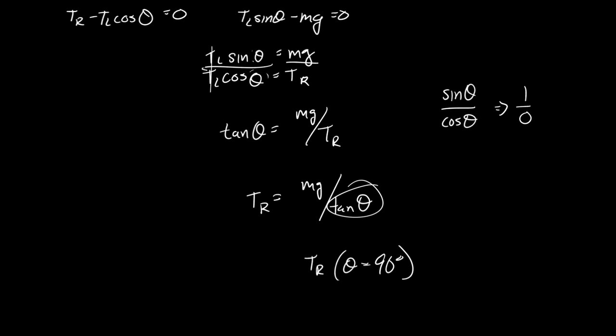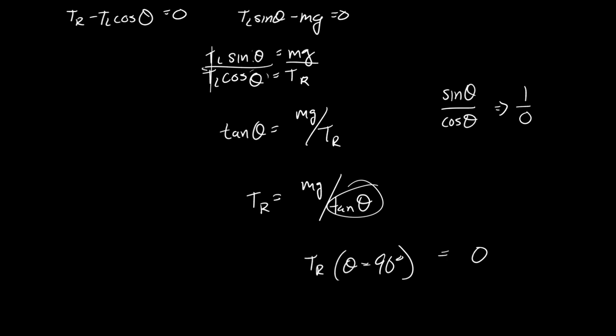But it does approach infinity. It's 1 over 0. So as we get closer and closer to 90 degrees, tangent gets closer and closer to infinity. mg over infinity means that TR, as theta goes to 90 degrees, is 0. Because we're taking mg and dividing by infinity.